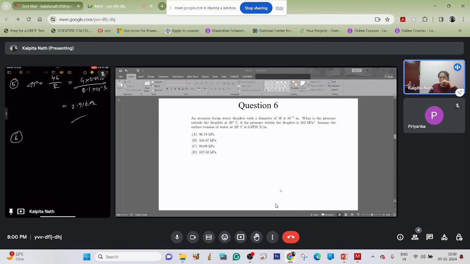So water drop's diameter is given. And the pressure is asked to find if within the drop the pressure is 102 kilopascal. Surface tension is also given. What is the pressure outside the drop? It has been asked.